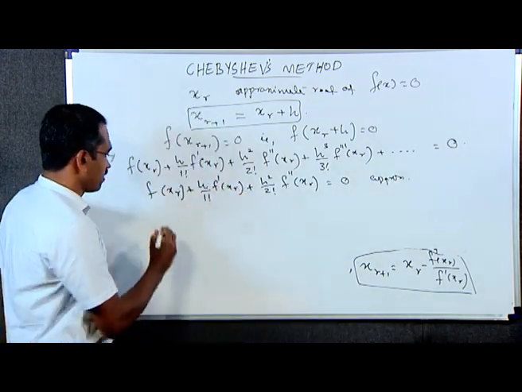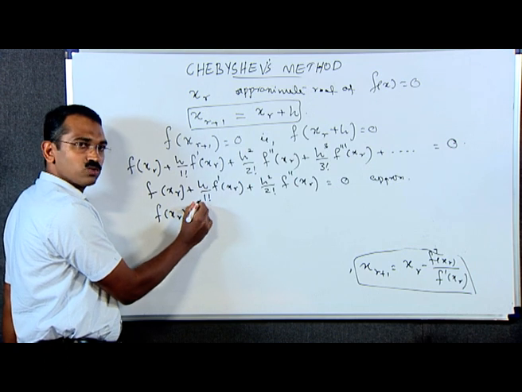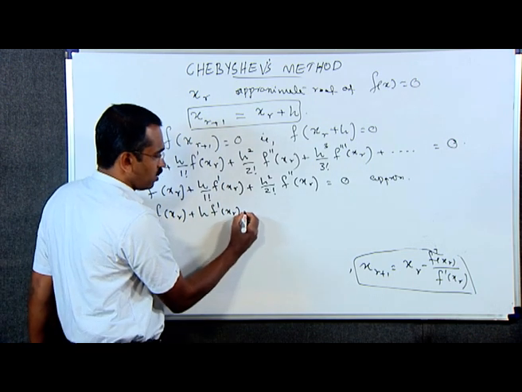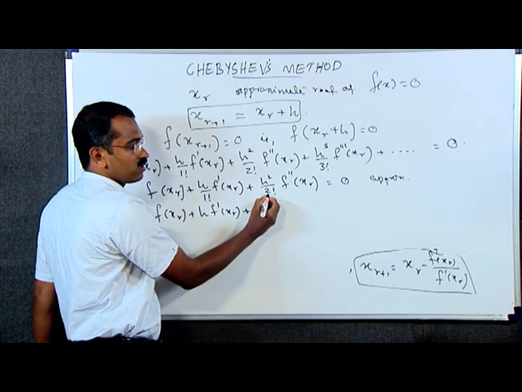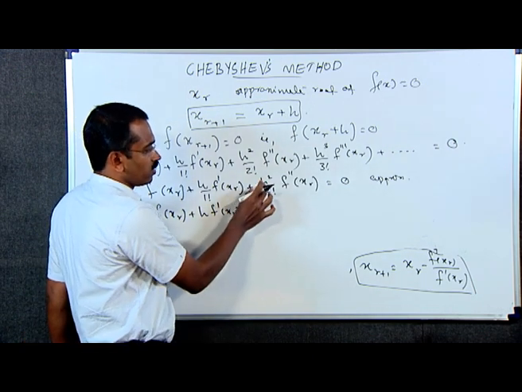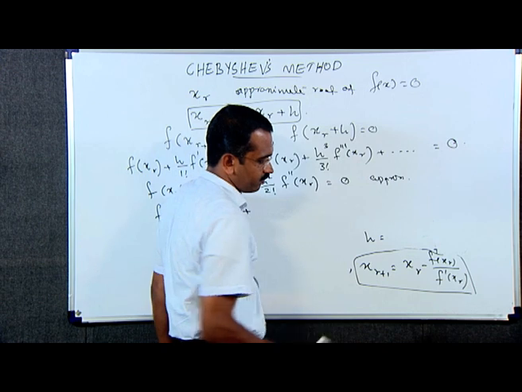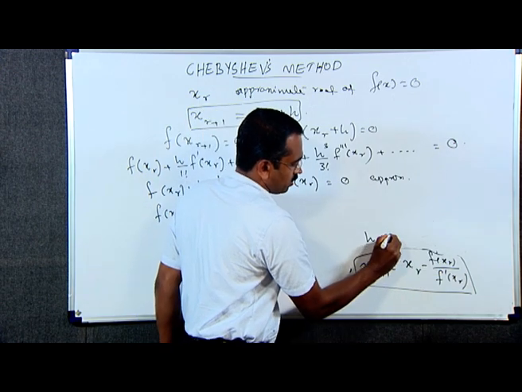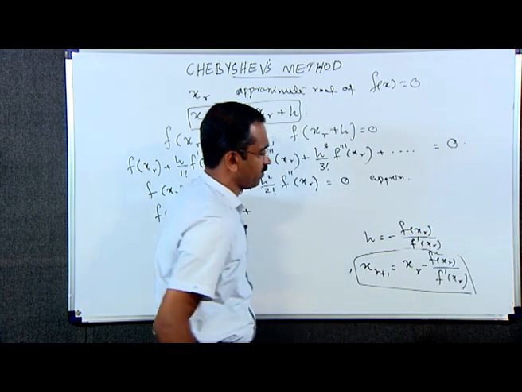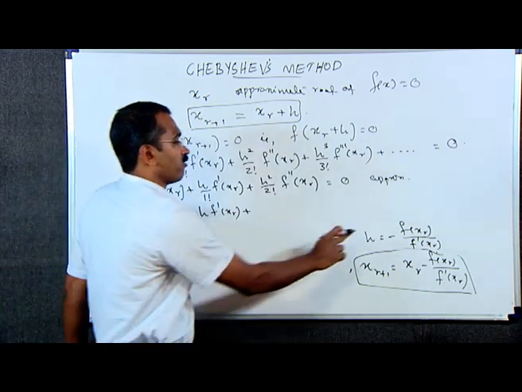That is, f(x_r) + h f'(x_r) + h^2/2 f''(x_r) = 0, since 1 factorial means 1 and 2 factorial means 2. We will substitute the value of h, as in the previous step we obtained h = -f(x_r)/f'(x_r).